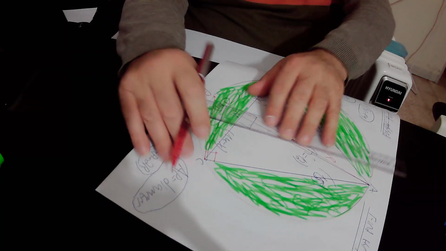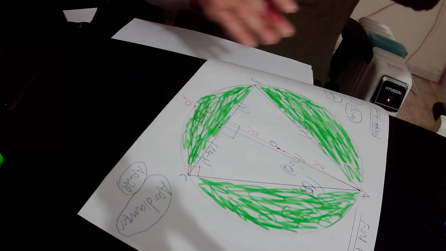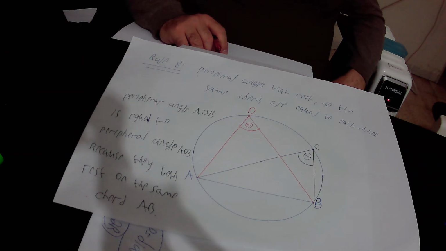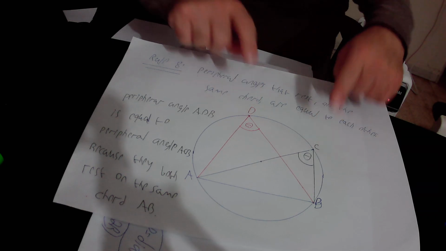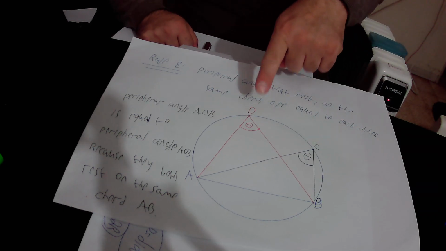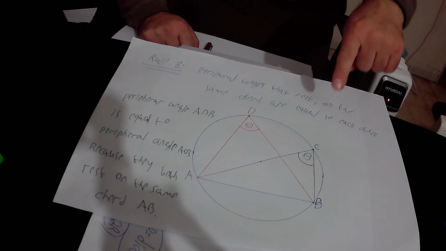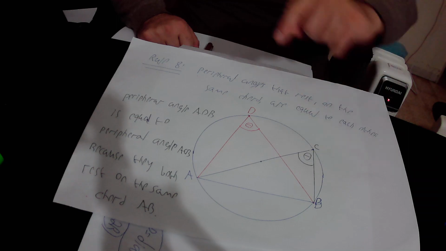In the next step, I will present to you rule number 8 and we'll implement rule number 8 in our drawing. Moving to rule number 8: peripheral angles that rest on the same chord are equal to each other. In the drawing we have two peripheral angles. This peripheral angle ADB rests on chord AB. The other peripheral angle ACB also rests on the same chord AB.